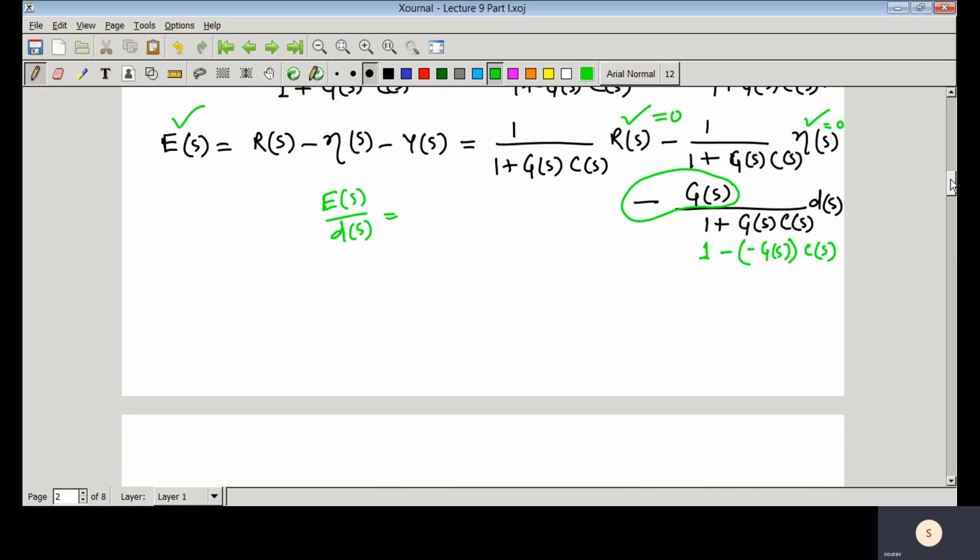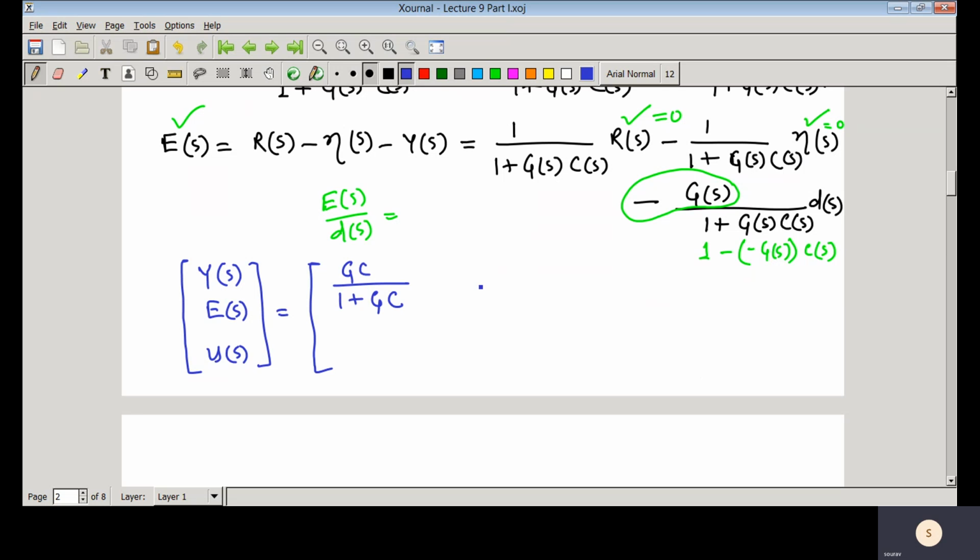If you write it in matrix form, you will get YS, ES and US on the left. We are writing it in matrix form, and I am just not showing the Laplace variable.